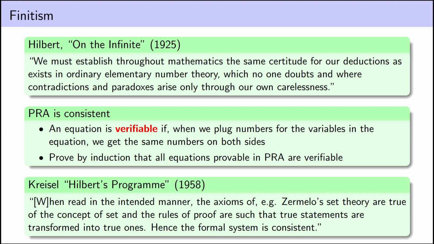Well, it feels a lot like this example of a proof given by Kreisel of the sort of consistency proof that Hilbert was explicitly not looking for. When read in the intended manner, the axioms of, for instance, Zermelo's set theory are true of the concept of set, and the rules of proof are such that true statements are transformed into true ones. Hence, the formal system is consistent.